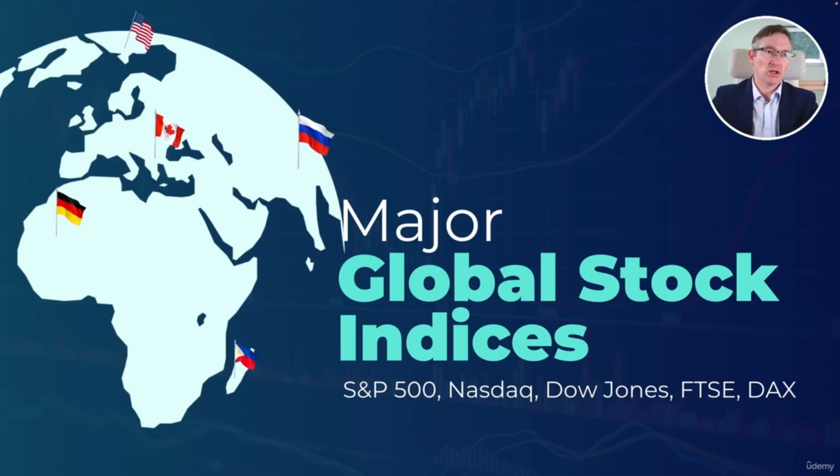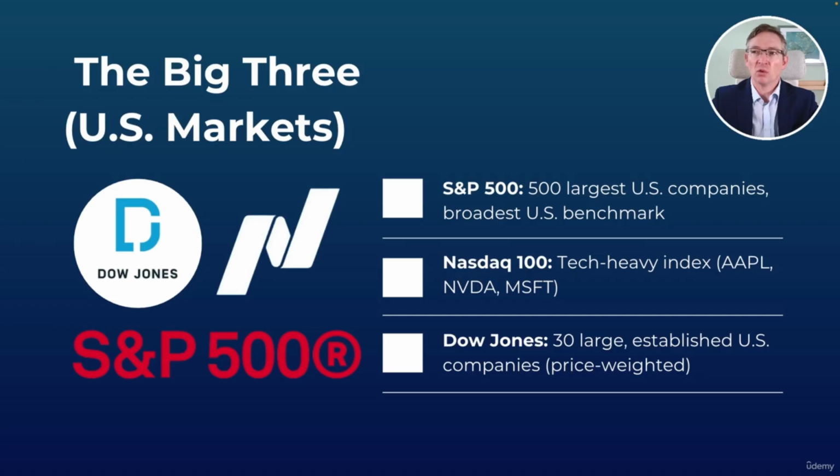So remember, when you're looking at the financial world, the US S&P 500 is arguably the most important index in the world, and it's certainly one of the big three indices. And the state and health of the US economy filters through to the rest of the world.